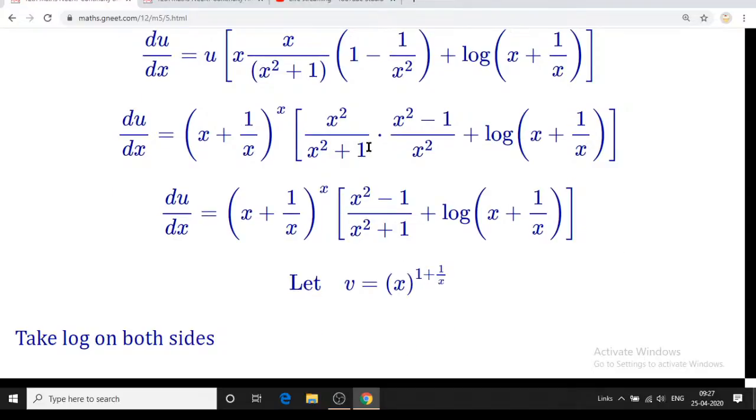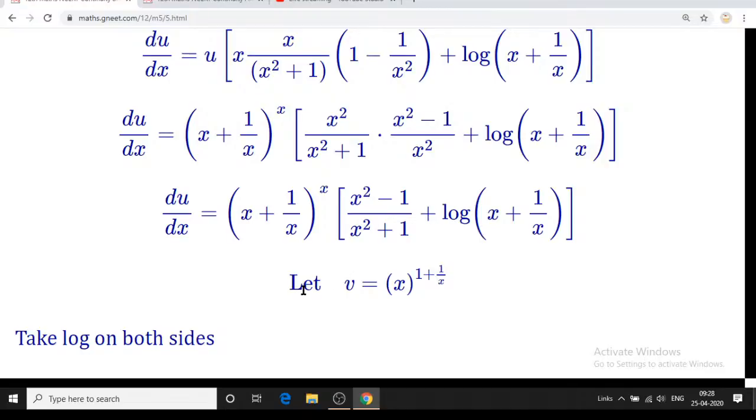Go on simplifying, this simplification is very easy, you can solve it. So we ultimately get du by dx as x plus 1 by x raised to x, in a bracket x square minus 1 upon x square plus 1 plus log of x plus 1 by x. Now the first part is over.